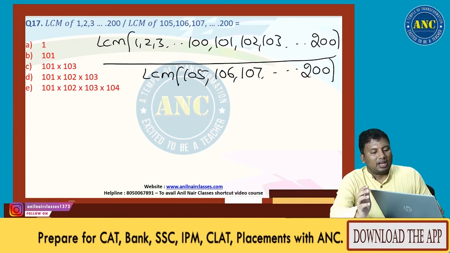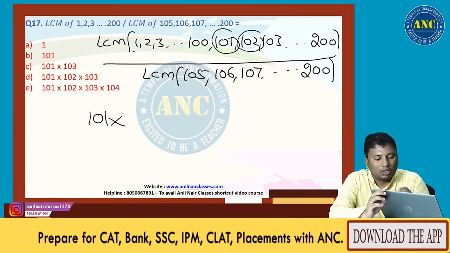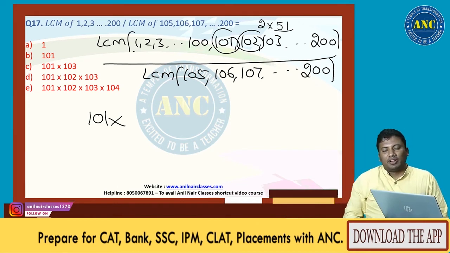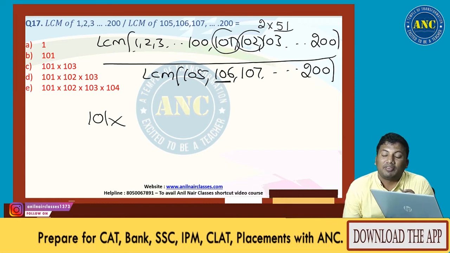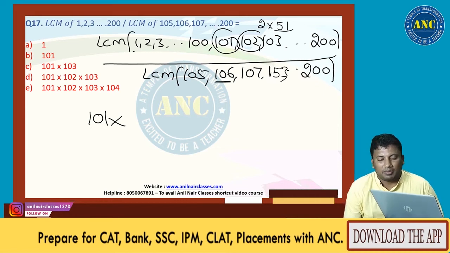Now if you observe carefully here, write 101, it is not present here. 102 is nothing but 2 into 51. In this one a 2 multiple is there, and 51 threes are 153, so 153 will come in this set.